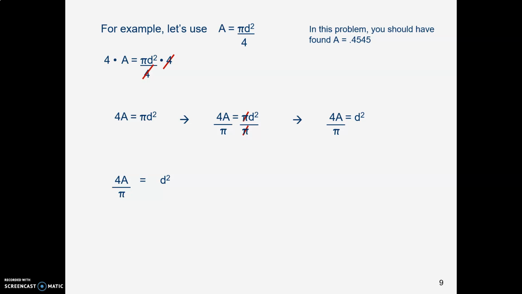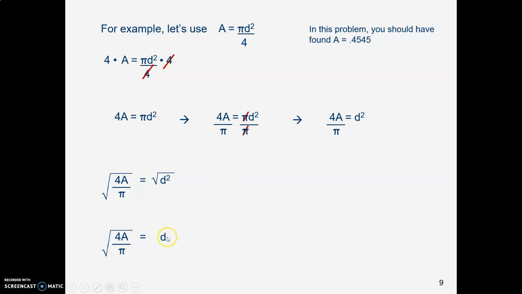Okay, good. Now, what we want to know is how big is the diameter? How are we going to get from d squared to plain old d? We need the square root. And if we do the same thing to both sides, those sides are still equal. So we'll take the square root of each side. And what is the square root of d squared?